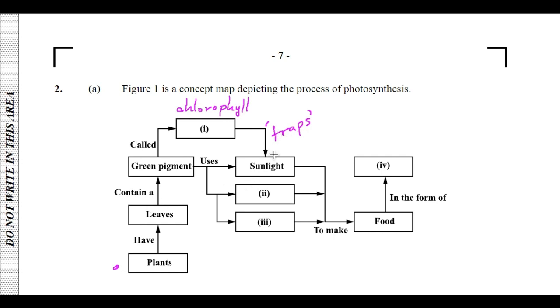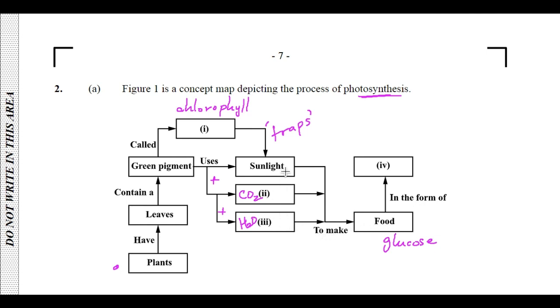But this is fine. Then we come back here and say, okay, the green pigment uses sunlight plus something else plus something else to make food. So we know the food is the glucose from photosynthesis, because they told us it's photosynthesis. So if it's photosynthesis, it means that we are looking at carbon dioxide and water to make food.